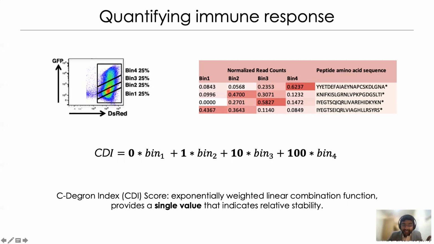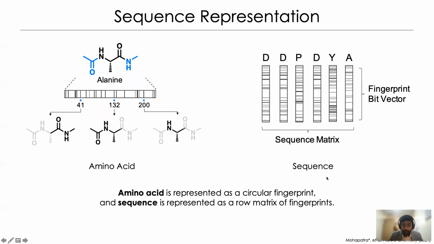Now, with this dataset where we had a list of sequences and a list of corresponding CDI and NDI scores, we wanted to develop a machine learning model, building on our earlier work on sequence representation and learning. This is inspired by a paper recently published in Nature Chemistry, where we represent the amino acid as a circular fingerprint and the sequence as a sequence matrix, with these fingerprint bit vectors arranged in the same order as they would be on a peptide backbone.